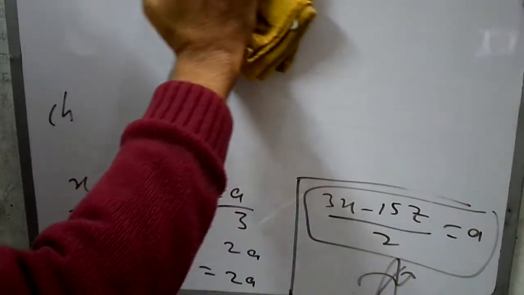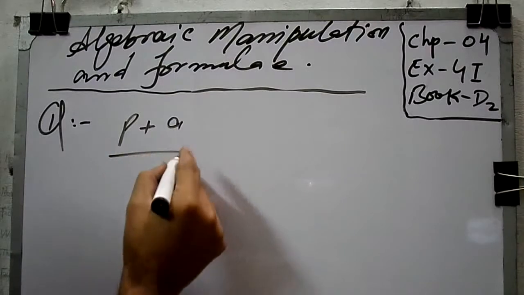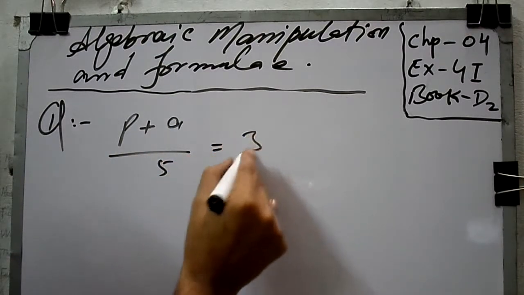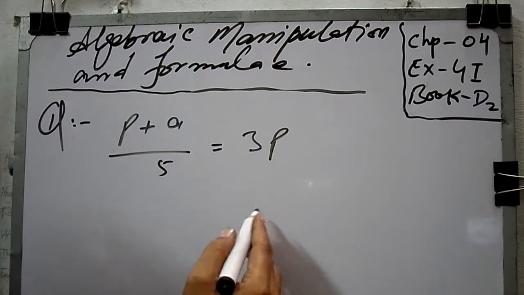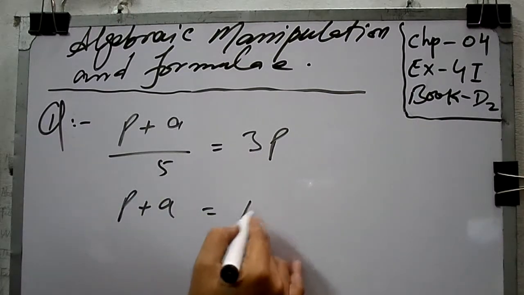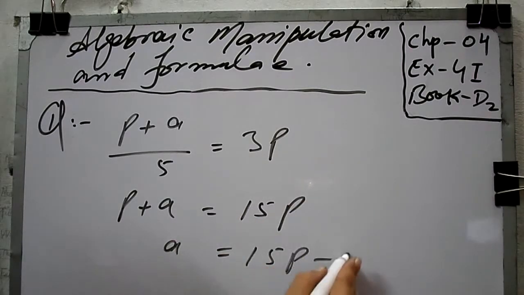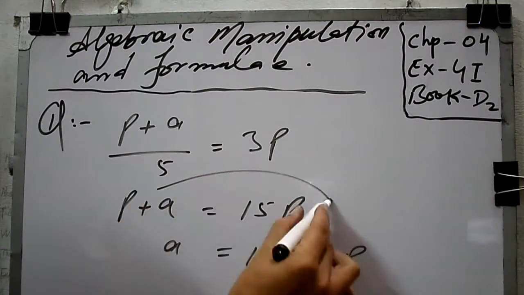Now coming to the next part, that is your I part. P plus A divided by 5 is equal to 3p. So you need the value of A. So P plus A is equal to, by using cross multiplication, 15p. We need the value of A, so 15p minus p, so p has been shifted here.